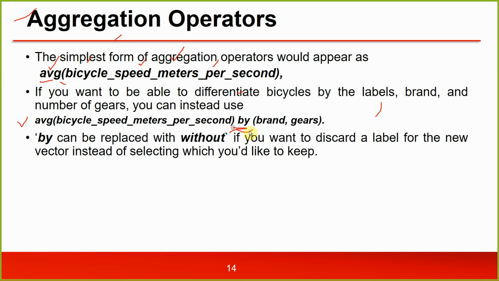After that you provide your filter by brand and gears. By can be replaced with without, if you want to discard a label for the new vector instead of selecting which you would like to keep, like average bicycle_speed_meters_per_second without brand or without gears.